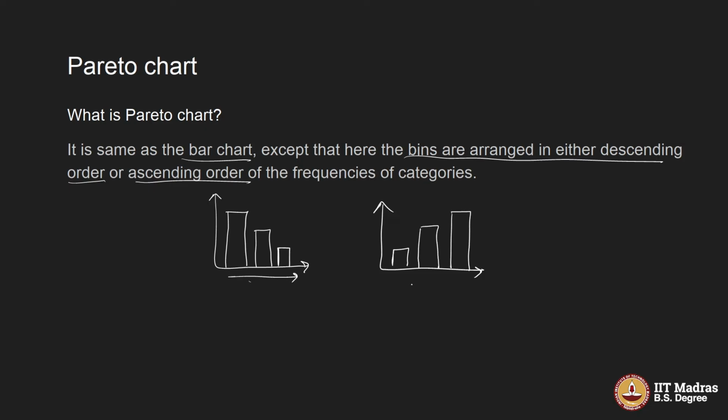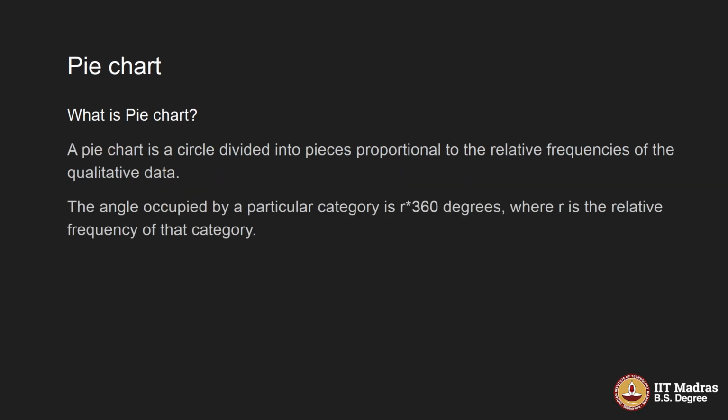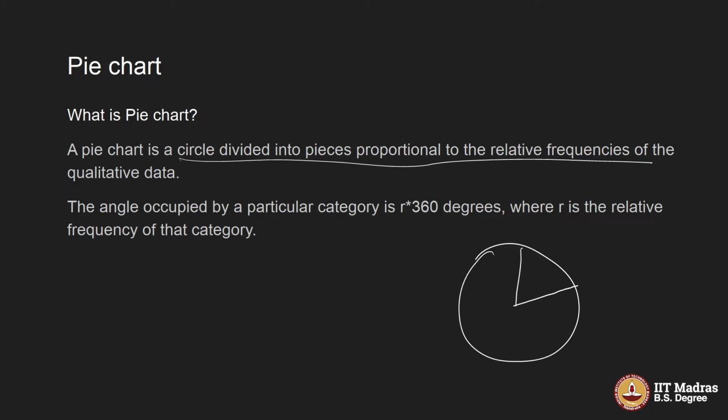Okay, like this. Now, what is a pie chart? It is a circle divided into pieces proportional to the relative frequency of the qualitative data. So this is a pie chart. Here, the circle is divided into pieces according to the relative frequency of the qualitative data.